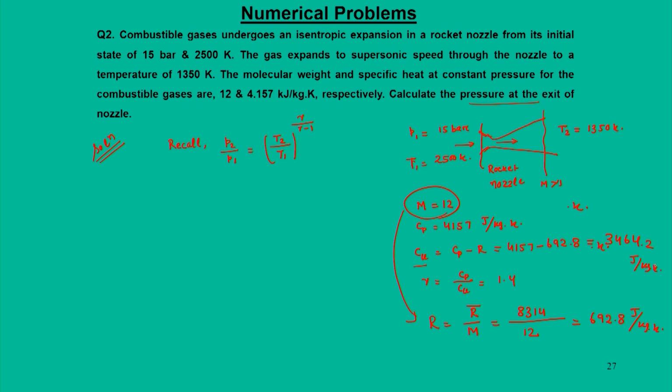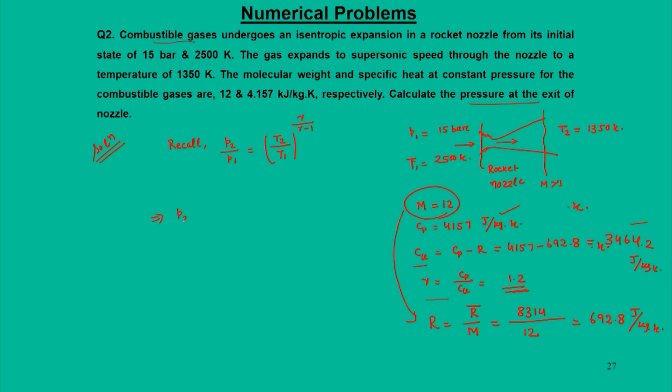So, we can find out then Cp by Cv. That ratio becomes 1.2. So, we can imagine that for air this gamma value is 1.4, but in this case we are using this combustible gas, and this data gives you that gamma value becomes 1.2. So, now the problem becomes very easy.